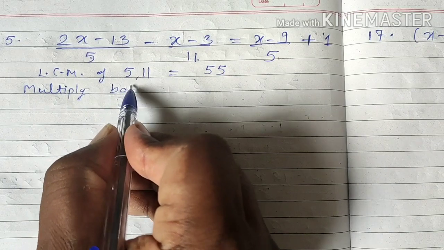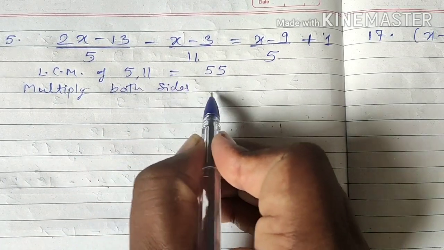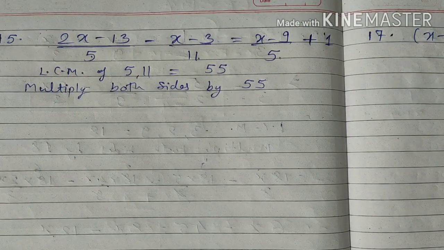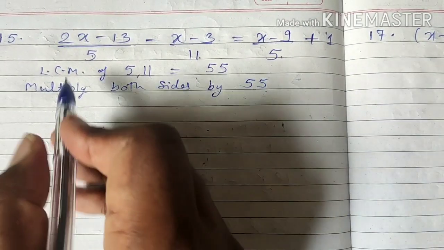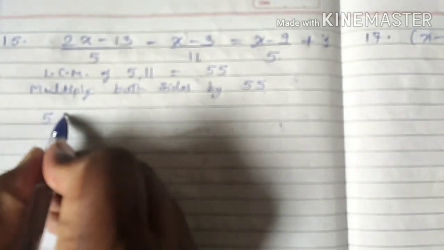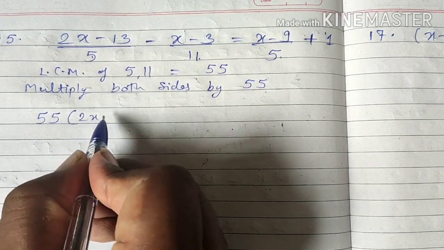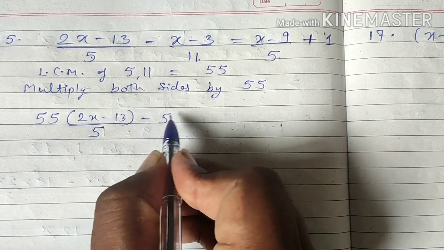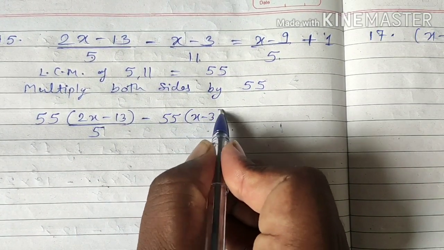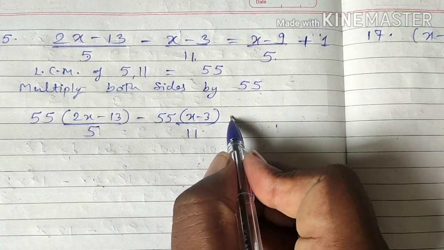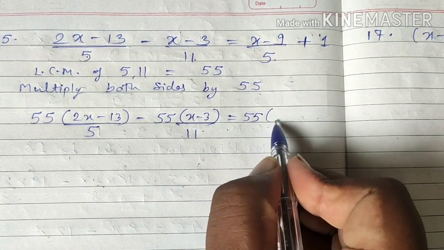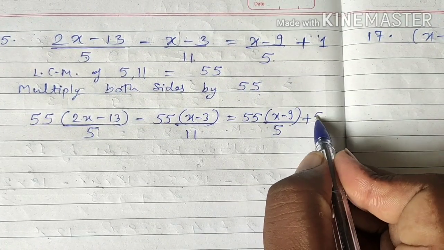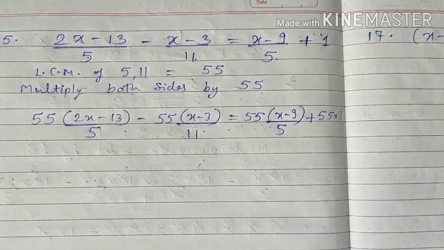Okay, so to remove this denominator, multiply both sides by 55. Okay, multiply both sides by 55. So it is 55 into (2x minus 13) upon 5, minus 55 into (x minus 3) upon 11, is equal to 55 into (x minus 9) upon 5, plus 55 multiplied by 1.